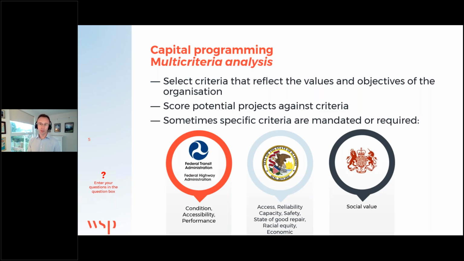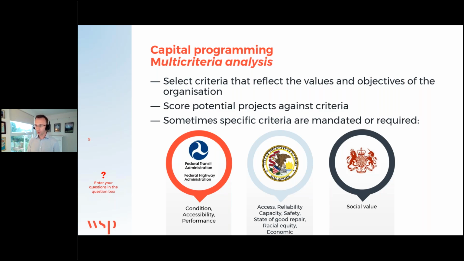And so in the USA, the two federal authorities, the FTA and the FHWA, have some requirements that they expect their grant recipients to follow, including condition, accessibility, performance. The state of Illinois just passed some recent legislation with a longer list of things that have to be included.